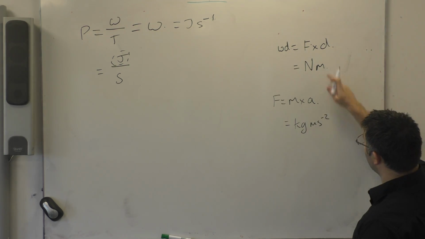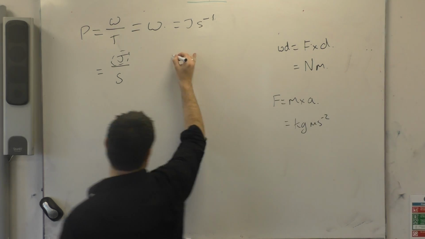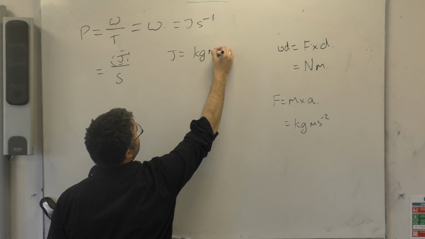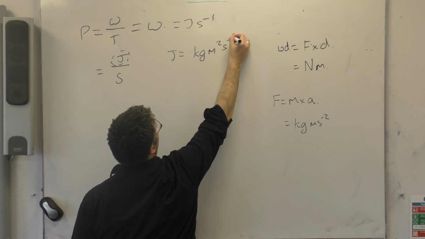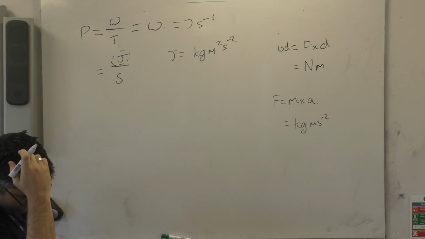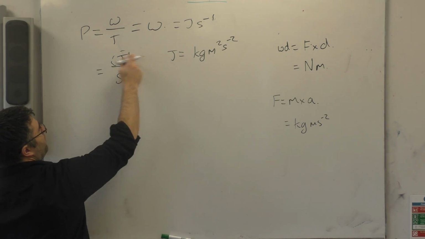And actually, if we combine these two now, what we can say is that 1 joule is equal to a kilogram meters squared per second squared. And that's essentially that. Now we can input that onto there.